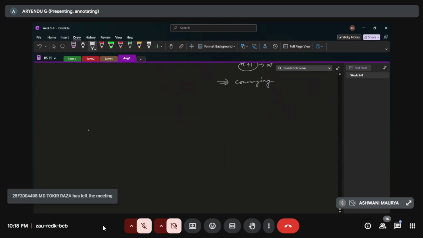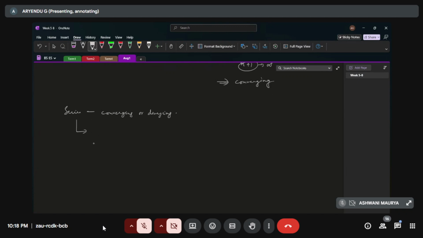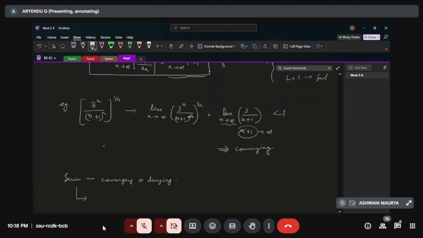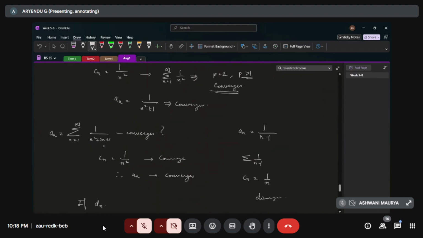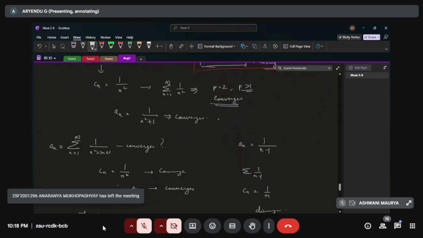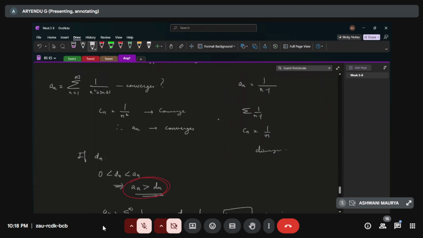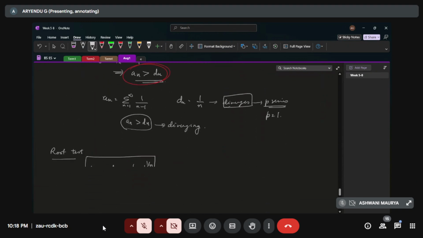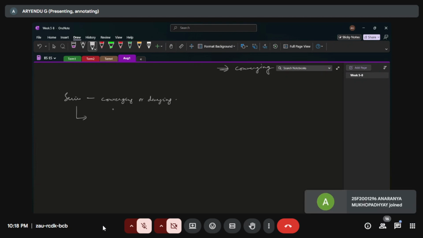So very simply, if you are given a series and you are asked if this is converging or diverging, first you take the series, and if it has some sort of a similarity to the p series, 1 by n raised to p, which is a numerator of a constant and a power of n in the denominator, then you can use the comparison rule.